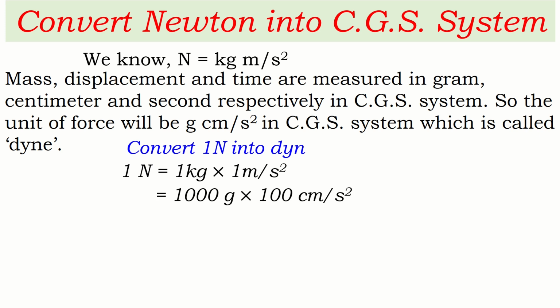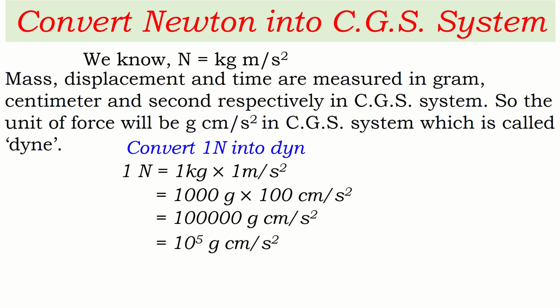And if we put the values, 1 kilogram is equal to 1000 gram, 1 meter equal to 100 centimeter, and if we multiply them, then we'll have 1 lakh gram centimeter per second square, which can be written as 10 to the power 5 gram centimeter per second square.